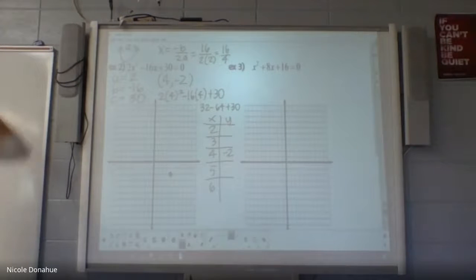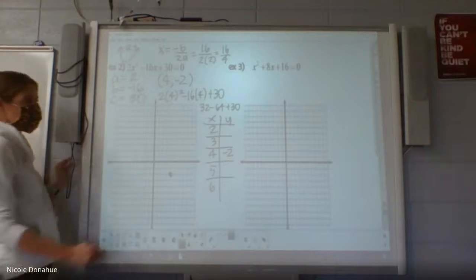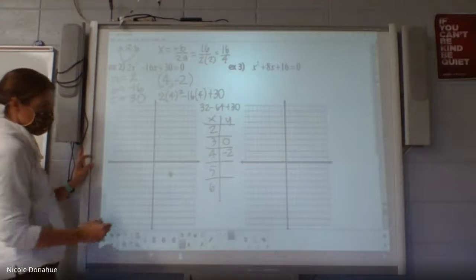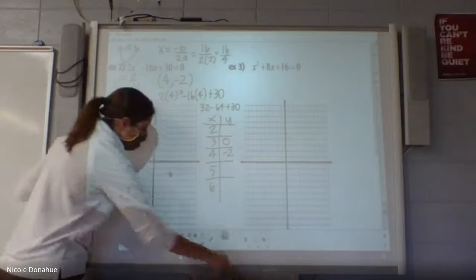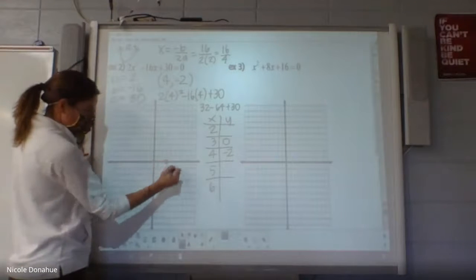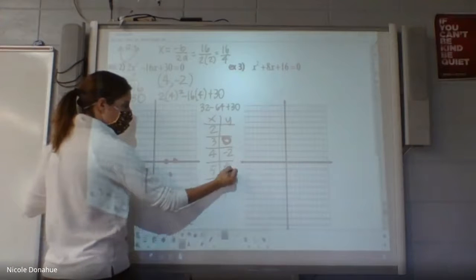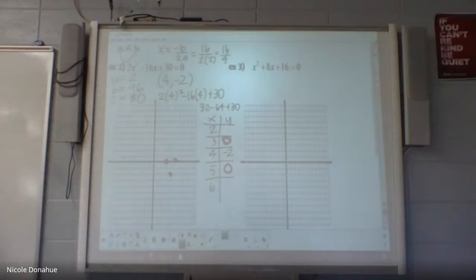So negative 30 plus 30, I believe it's going to be 0. That means 5 is 0 too, right? So that's why we like picking numbers that are close by. So this is also going to be 0 because of that symmetry. Whatever happens on one side happens on the other.